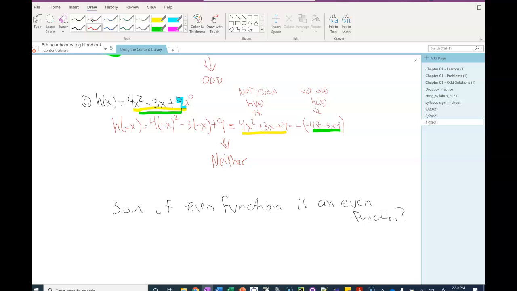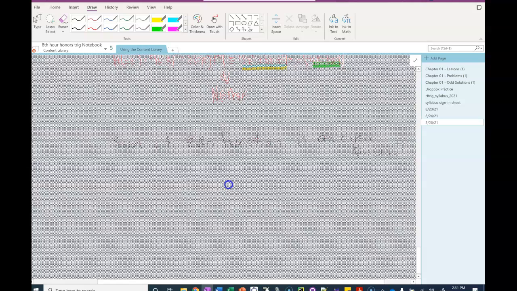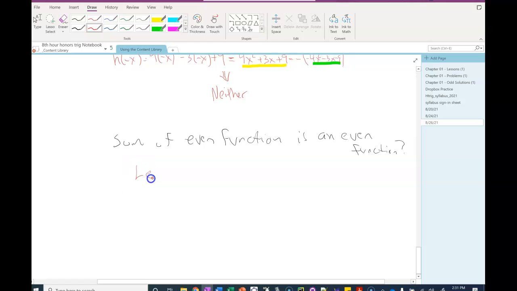What if we extend that, though, and just talk about an even function in general that's maybe not necessarily a monomial? Well, I don't know. Let's try to prove it. Should be something that's relatively easy to prove.